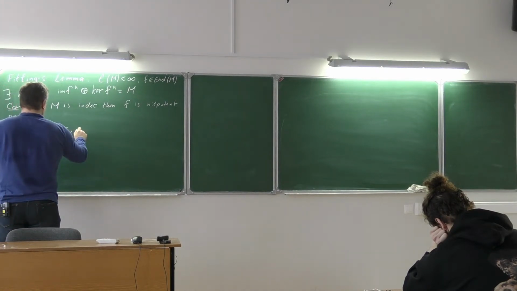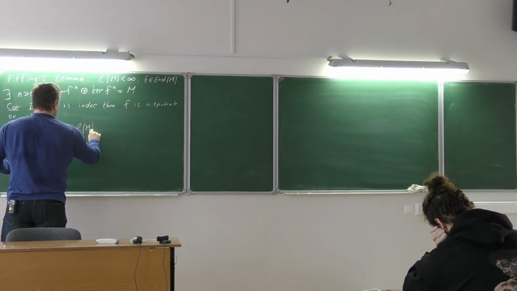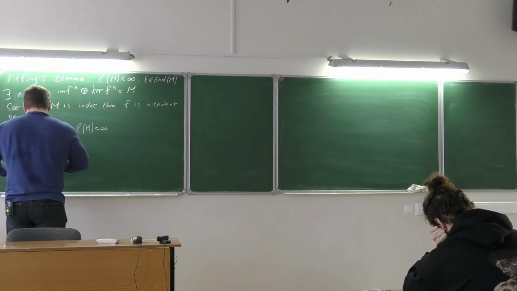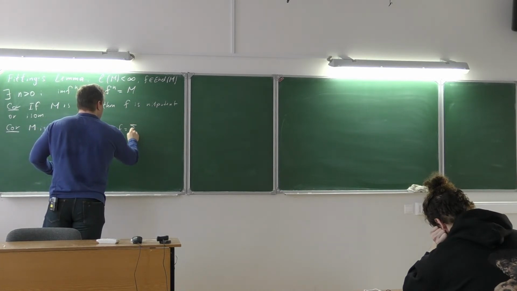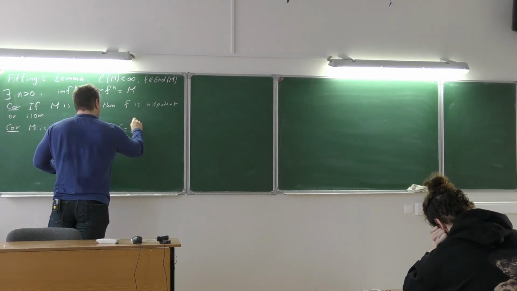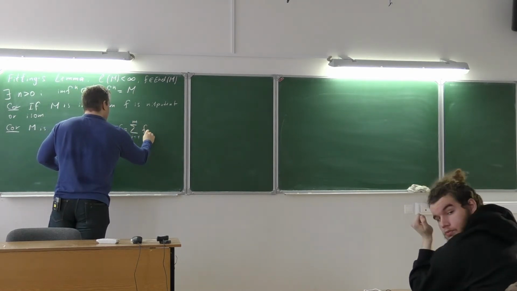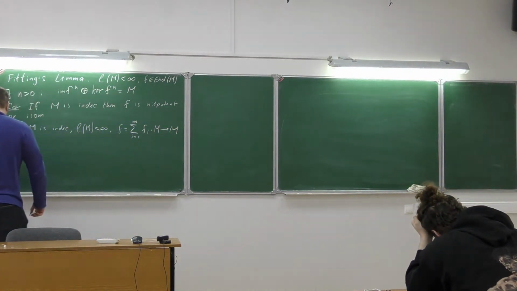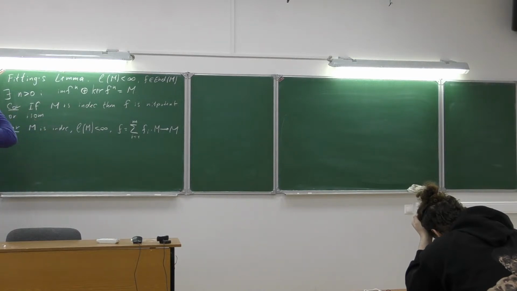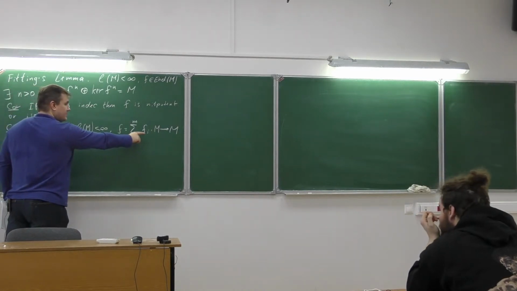And of course, as before, the length of M is finite. And I assume that I have an endomorphism f, which is in fact a sum, with i running between 1 and m, of some endomorphisms f_i.